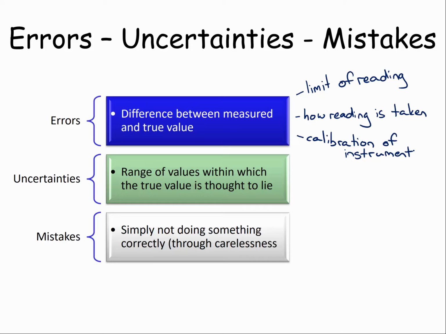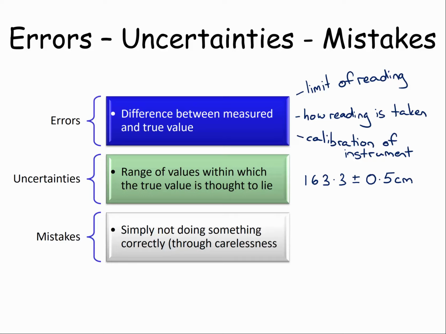Now, for errors that are equally likely to be within a specific range on either side of your average value, you can write this down reasonably easily, and you might say that the height of your teacher is 163.3 centimetres, but you are uncertain about that to about half a centimetre. So your uncertainty would be half a centimetre in this case.